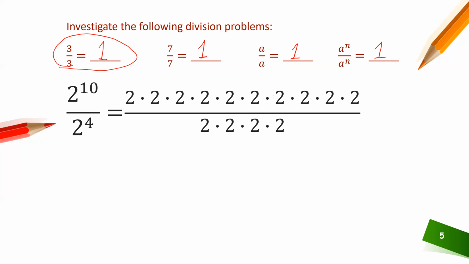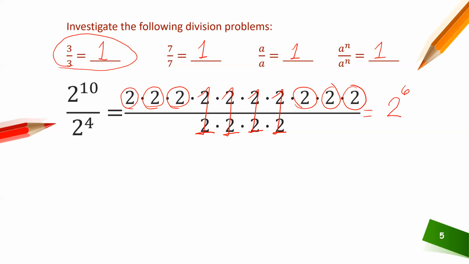Here we have 2 divided by 2, that is 1. 2 divided by 2, that is 1. 2 divided by 2, that is 1. 2 divided by 2, that is also 1. So what do we have left? 1 copy of 2, 2 copies, 3, 4, 5, 6. 6 copies of 2 being multiplied repeatedly. That is the definition of an exponent with base 2, and 6 is the exponent.